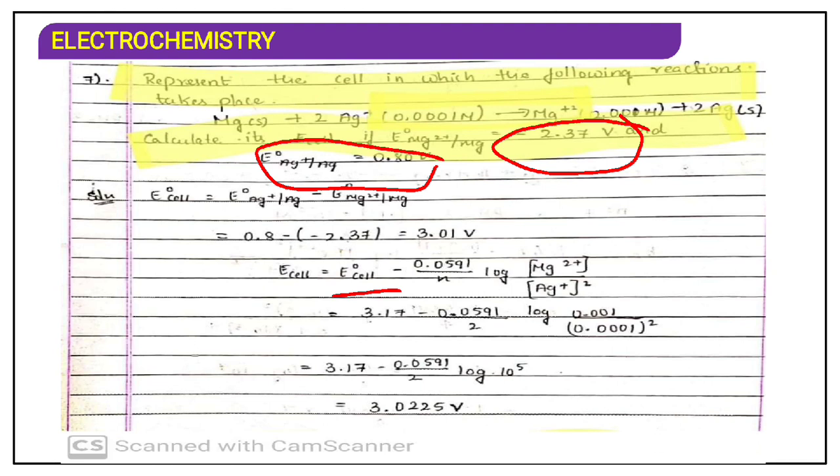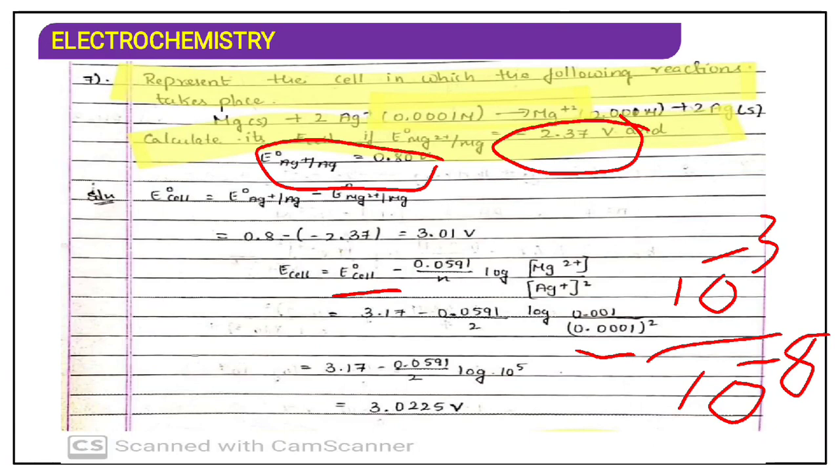Simplify this. This becomes 10 to the power of minus 3, and this becomes 10 to the power of minus 4 squared. 10 to the power of minus 4 squared is 10 to the power of minus 8.